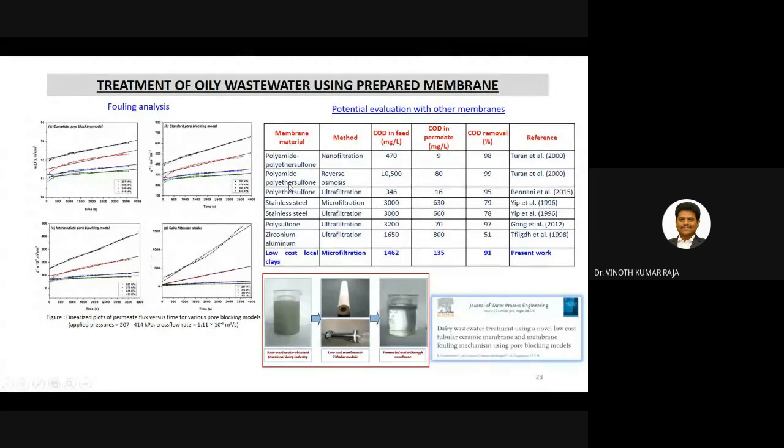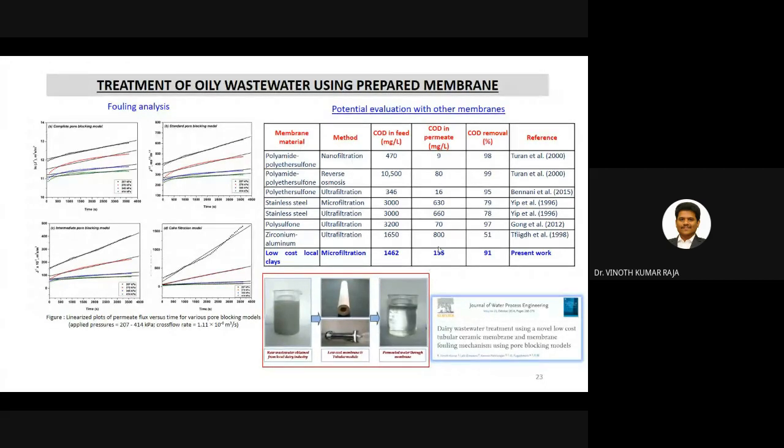There are several membrane processes also carried out for dairy wastewater treatment. We have obtained a maximum of 91% COD removal, and the COD permit is 135 mg per liter. That meets the regulations framed by the Central Pollution Control Board of India.